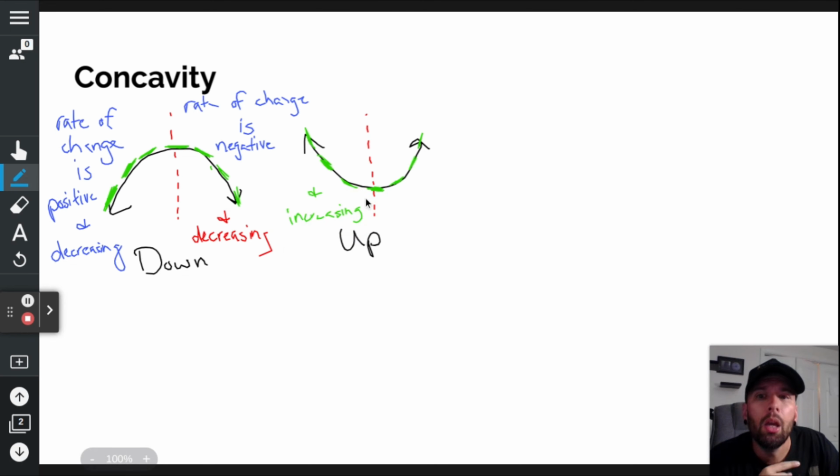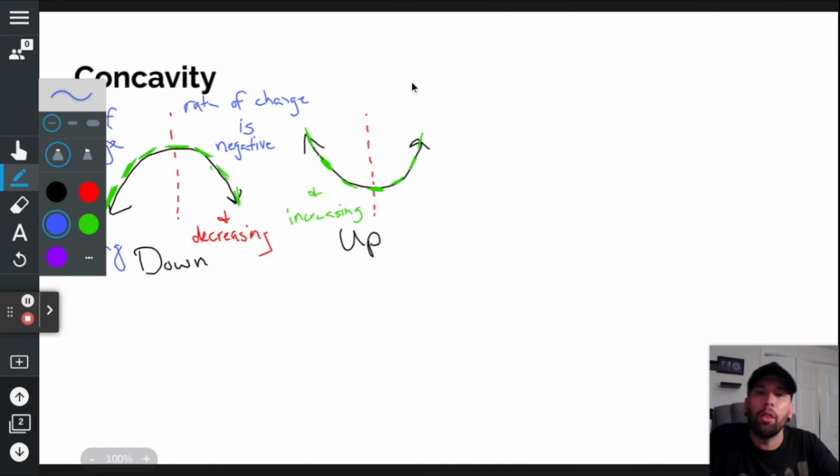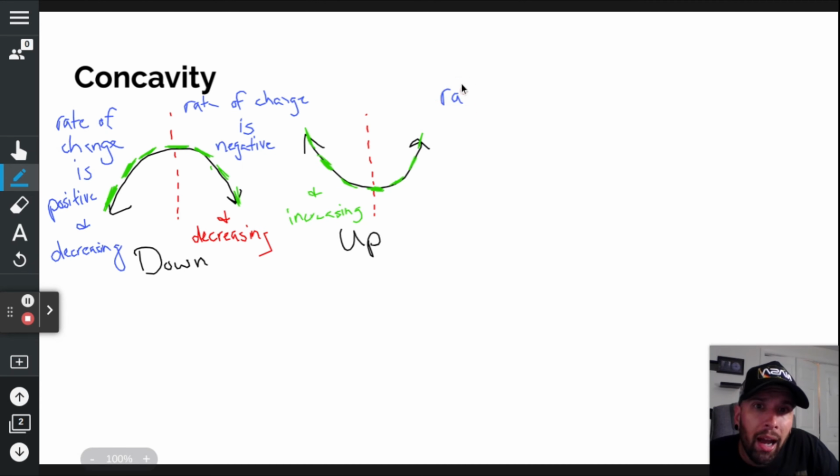Okay. Now the right side of concave up, my rate of change went from negative, it hits the bottom, and then starts being positive. So on the right side, my rate of change is positive.